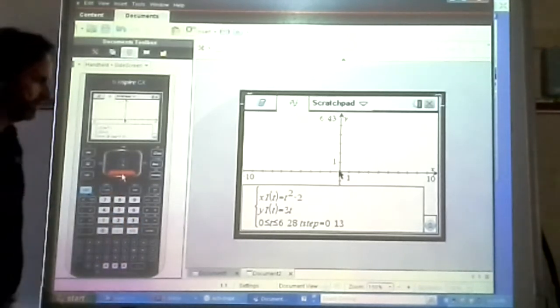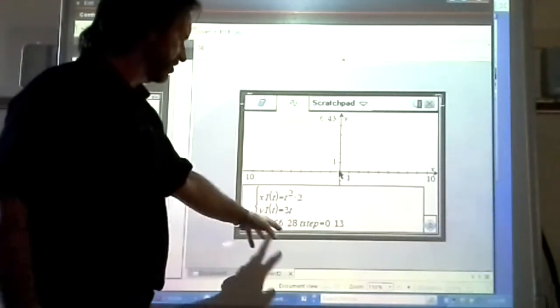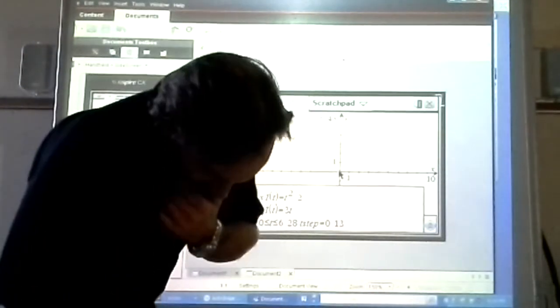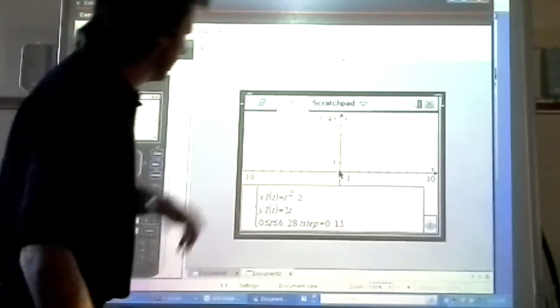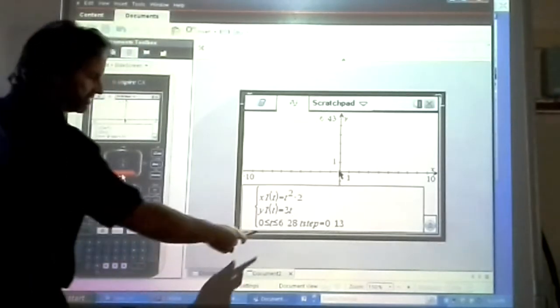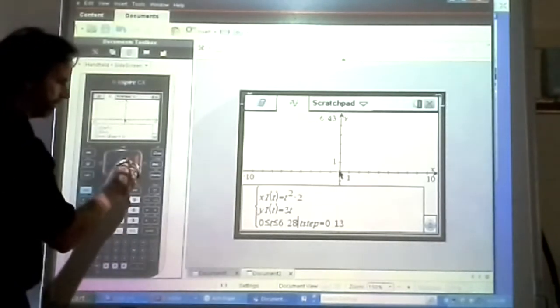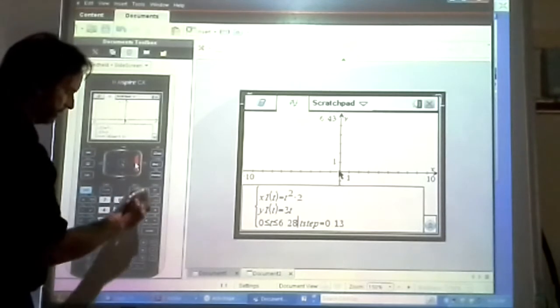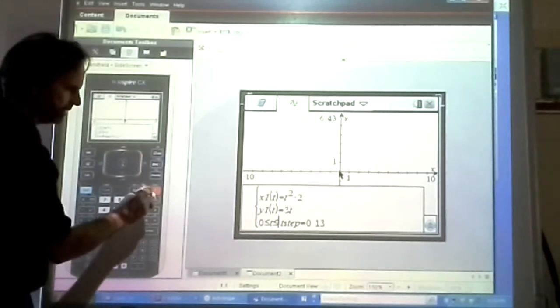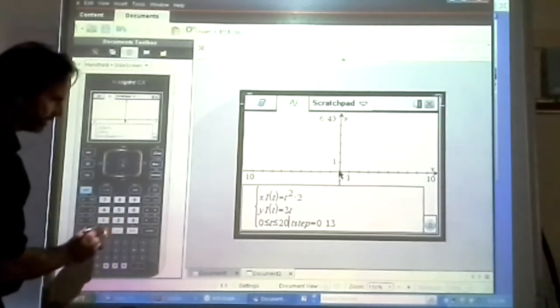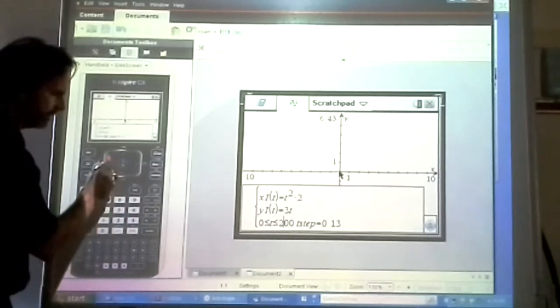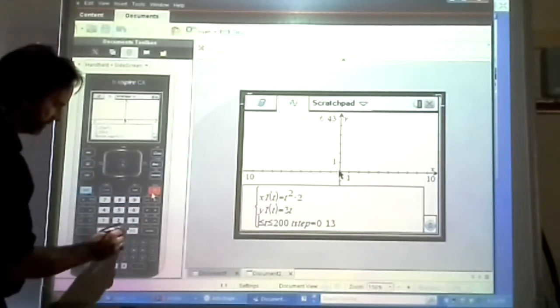And then my 0 to, they've got like 0 to 2 pi here, they're still doing the radian things, but I'm going to change my range to maybe 200, which is overkill, and get rid of the 0 and make it negative 200.